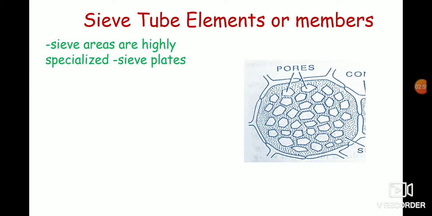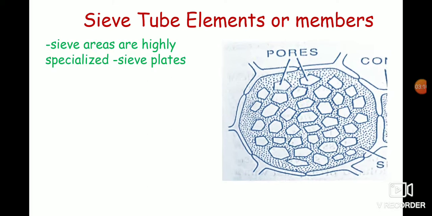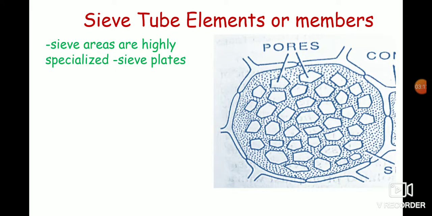The wall parts bearing more highly differentiated sieve areas are called as the sieve plates. As you can see here, the sieve area are having comparatively large pores, and this area is called as the sieve plate. Sieve plates occur on the end walls of the sieve tube elements.